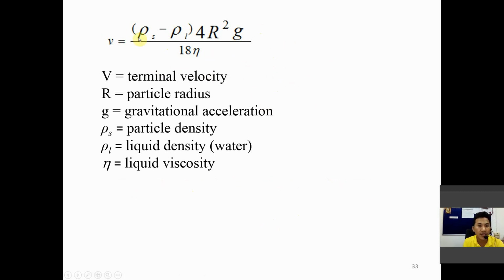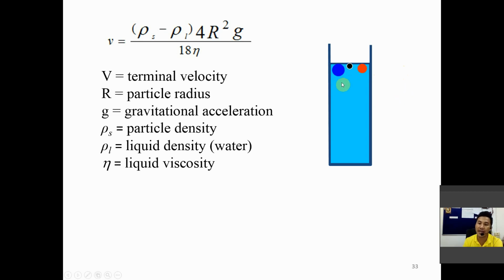So basically this tells us that once you have different sizes of soil particles, let's say the black dot is clay, the red dot is silt, and the big blue dot is a sand particle.